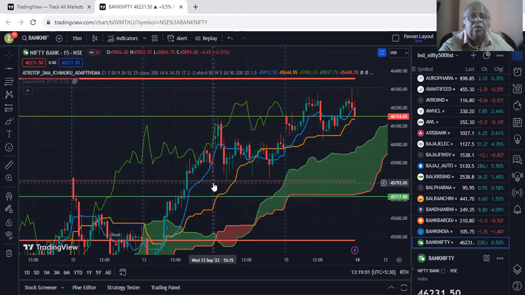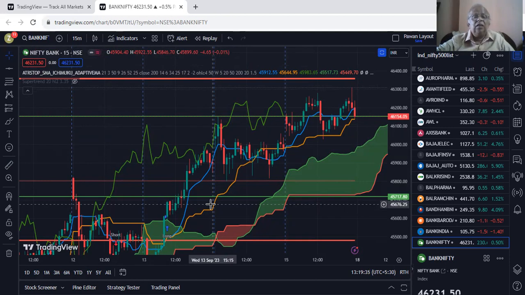So whether one should exit or not, for that, you have to check whether there is any difference, meaning gap, between the Tenkan-sen and Kijun-sen, or whether the gap is sufficient enough to give the contra move.